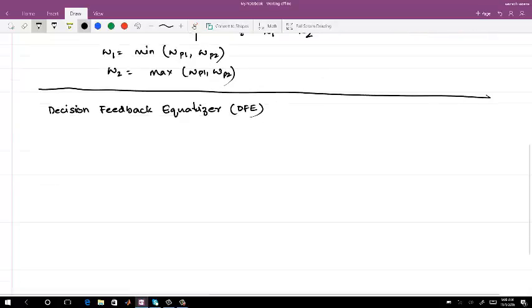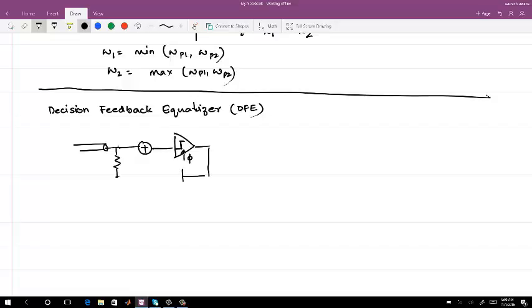Okay, so what we saw yesterday is that if we know the previous estimated bit correctly, then we can cancel the post-cursor ISI. That was the point which we took. So let me just draw it. We have the channel, and then let's say this is a summing block, and you have a comparator, and this is a clock phi, and again W0.